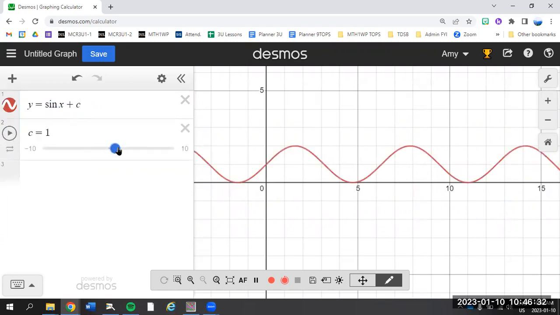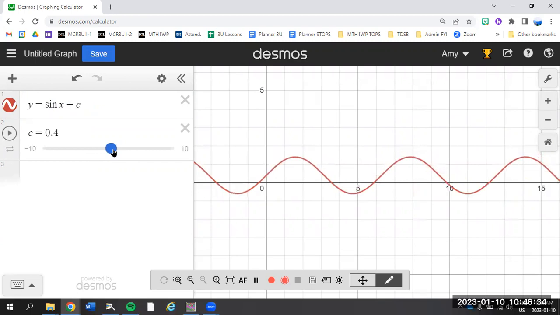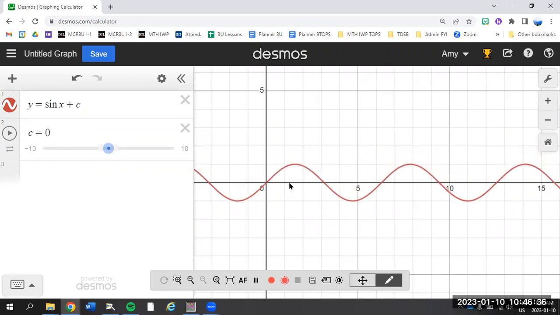Okay, so let's start at 0. That one already showed us, but let's just think about this. If our C value increases positively, what type of transformation will you see? So what type of transformation? Don't just say up. What is that?